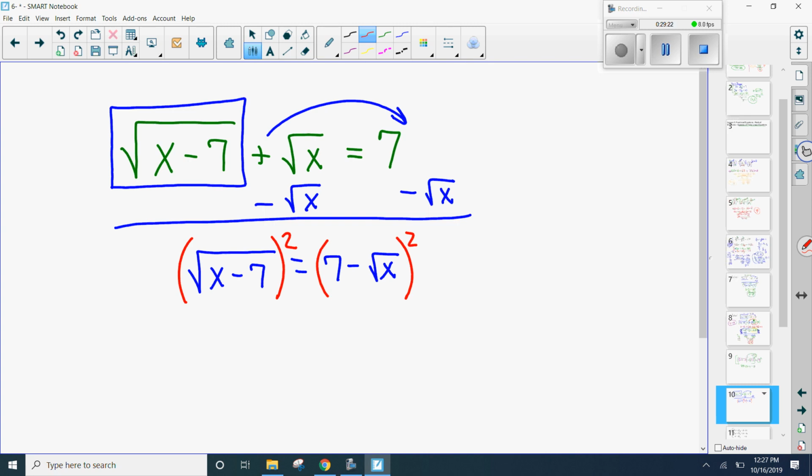You can't do that in the green because you move the radical x over the other side, and it's not being squared if that's the first thing you do. If you square it in the green, this is by itself. You're missing squaring that right there.